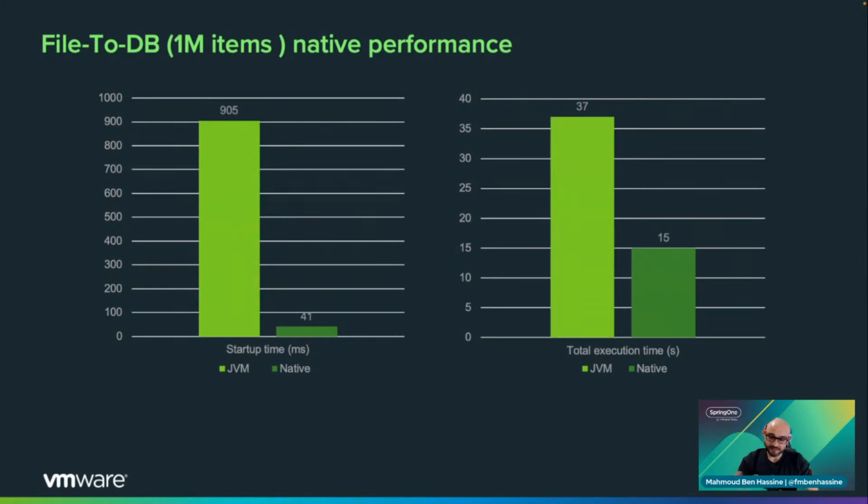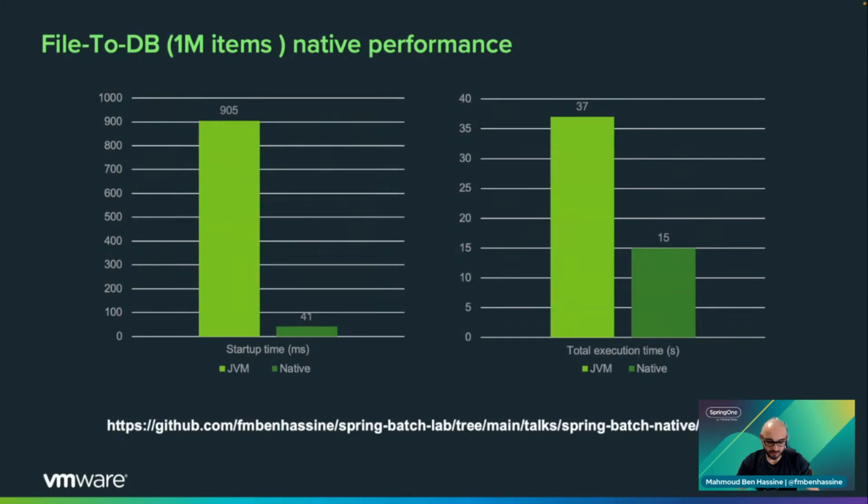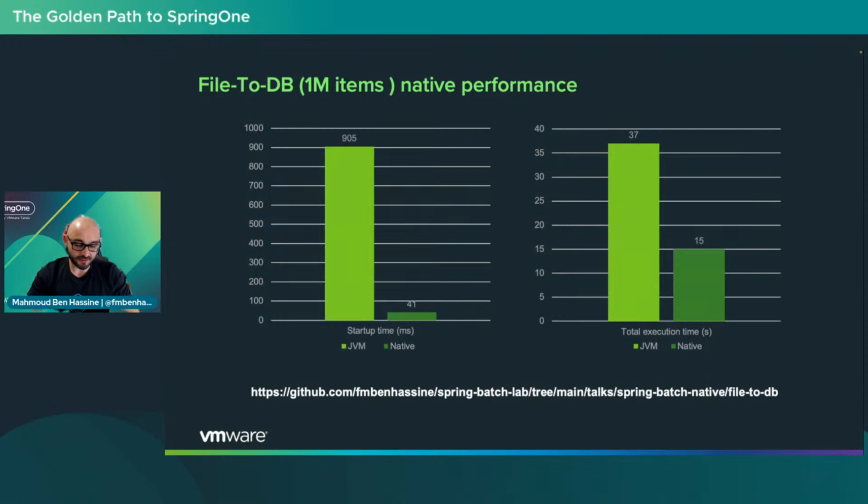But still, it's 2 times faster, which is already a great improvement in my opinion. Again, you have the link to the benchmark repository. You can try it yourself. But yeah, I think this is very, very interesting to have this kind of improvement. Of course, even if you are not running your applications on a cloud platform, it's still an improvement on the execution time.